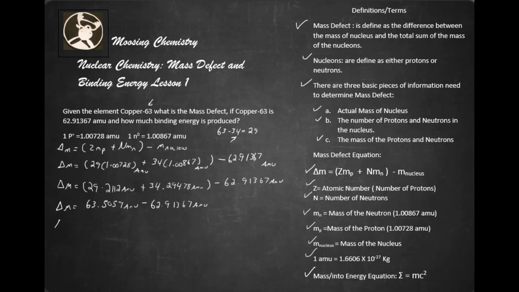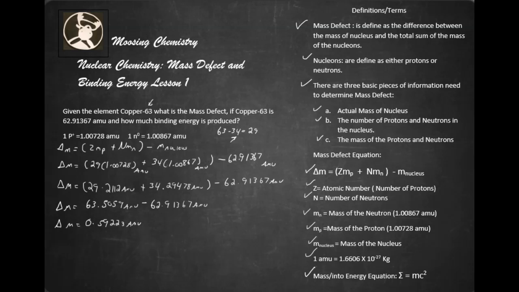All right, so our mass defect is actually equal to 0.59223 AMU. So we're almost done. We got half the problem done.